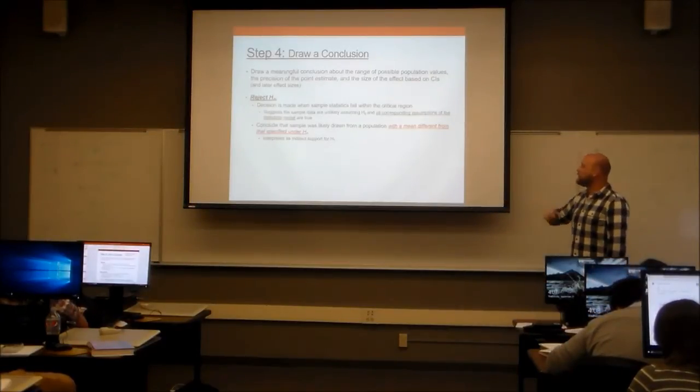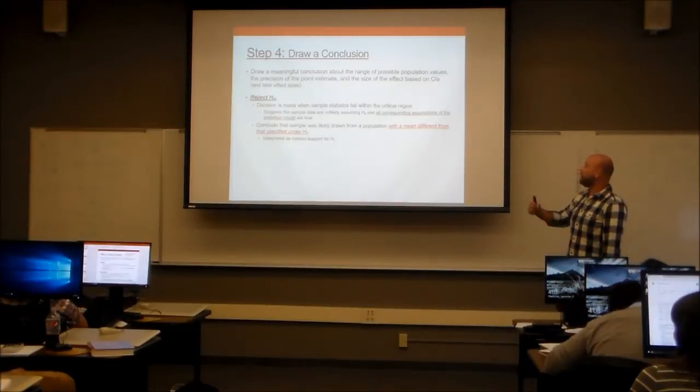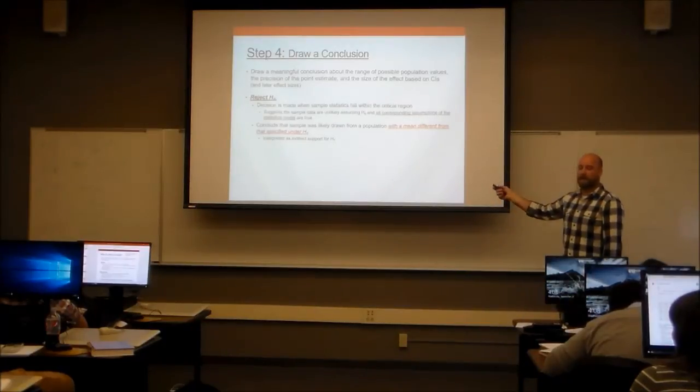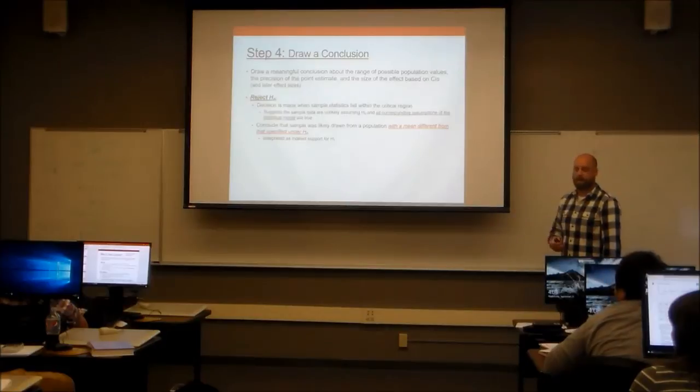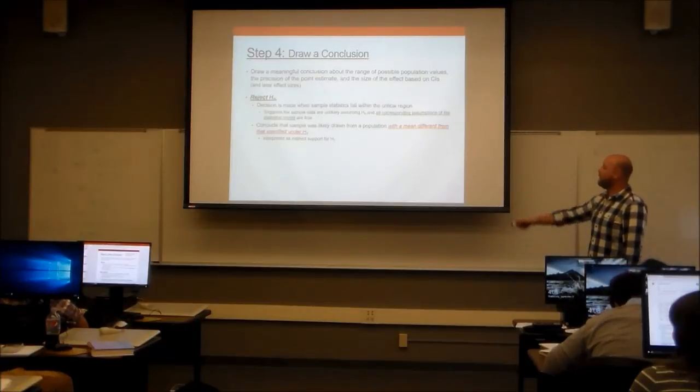We're suggesting that our sample data are unlikely, assuming that the null hypothesis is true, and all corresponding assumptions of our statistical model, right? This is a big assumption. I can tell you right now, we violate that almost every time we go out and do stuff, and so it just lets you know how tenuous our hypothesis tests are.